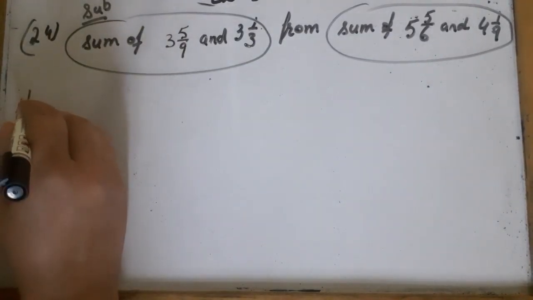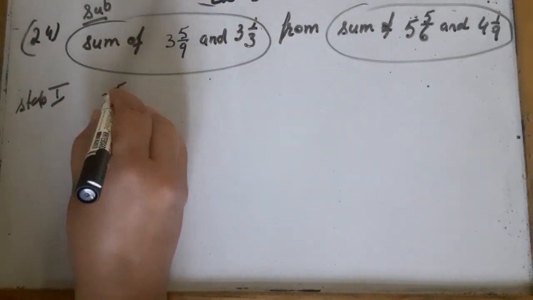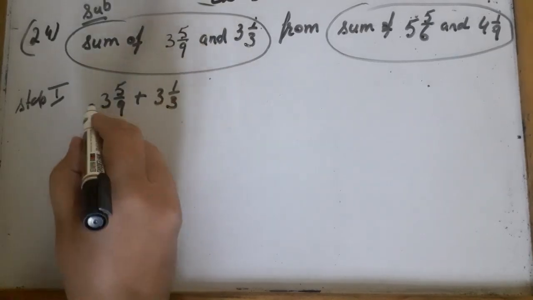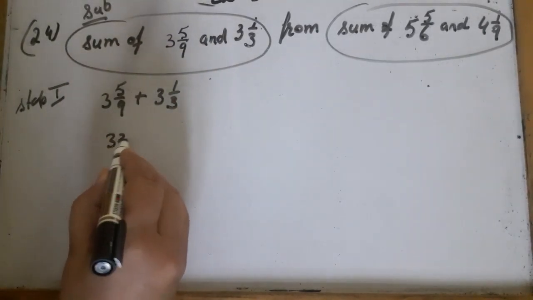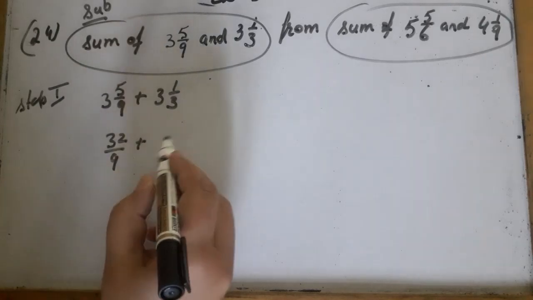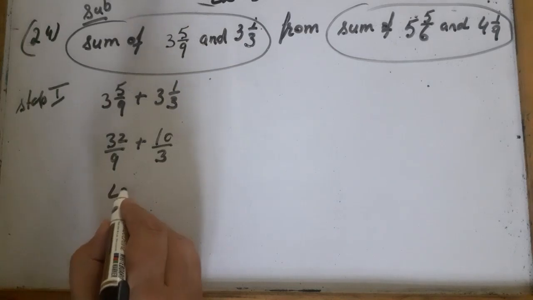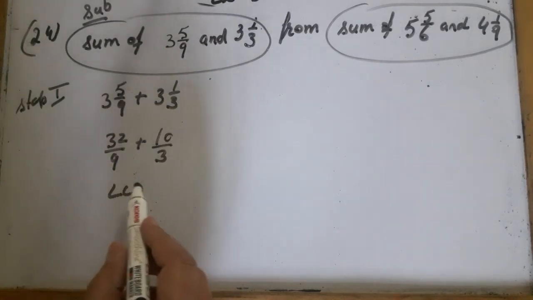Let me do step number 1. I will add both of them, 3 5 by 9 and 3 1 by 3. So 9 3s are 27, 32 by 9, 3 3s are 9, 10 by 3. So convert them into like fractions.